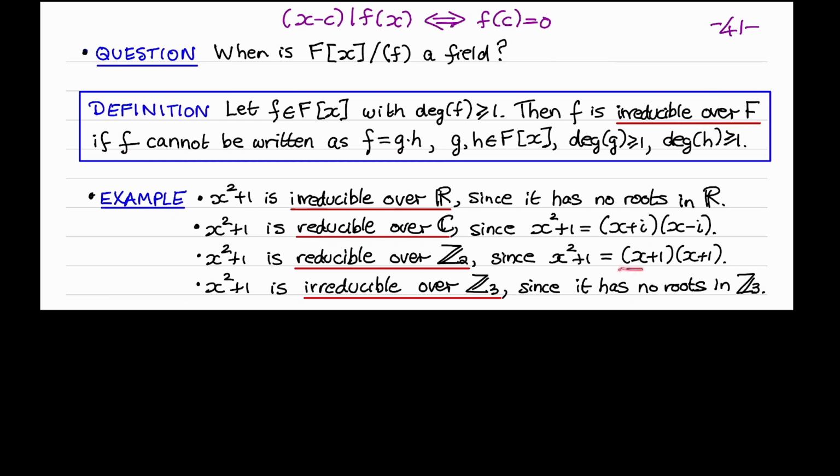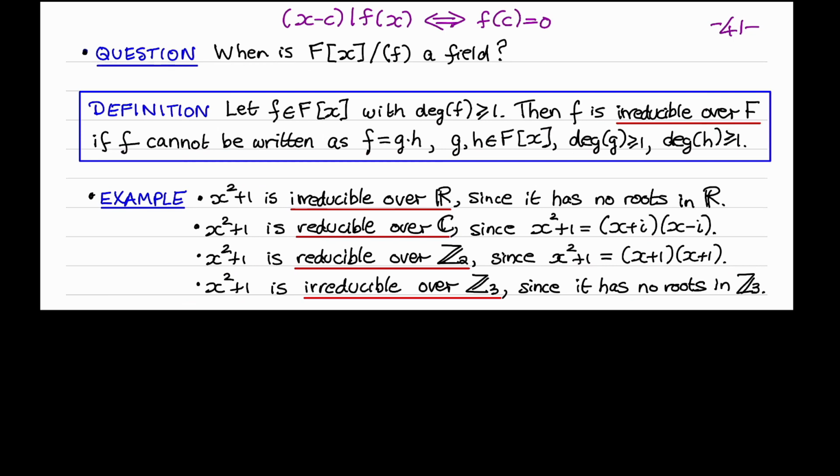This factorization seems a little strange, because the product has a middle term 2x. But remember, 2 is congruent to 0 modulo 2, and so 2x is the same as 0. So x plus 1 times x plus 1 is indeed equal to x squared plus 1 over the integers modulo 2.